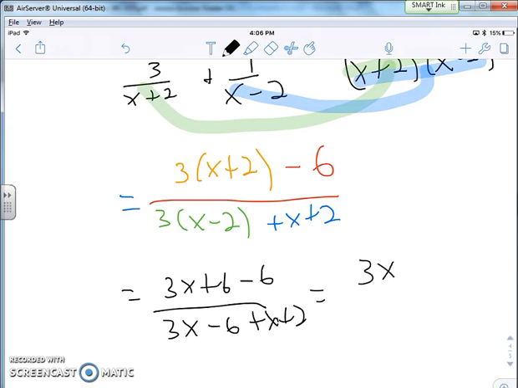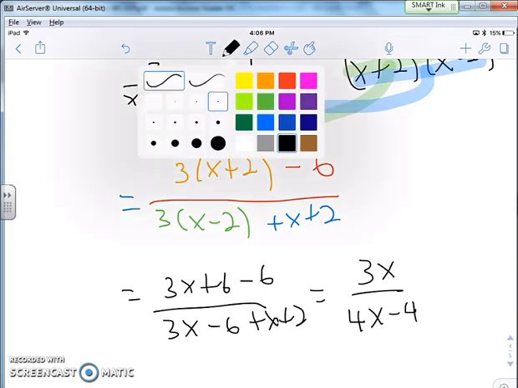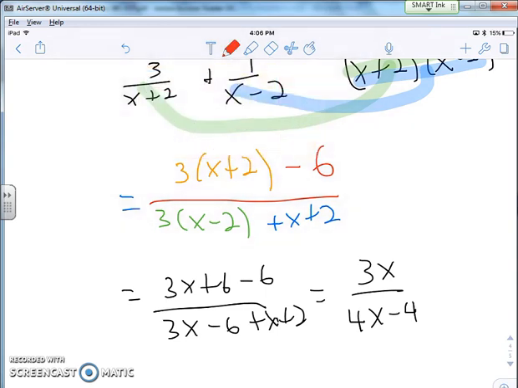And that'll give you 3x over 4x minus 4. While there is factorization, it doesn't really help us any. When we look at our restrictions, we know that x cannot be 1, x cannot be 2, or negative 2. And it looks like I'm about out of time, so I guess that'll have to do it.